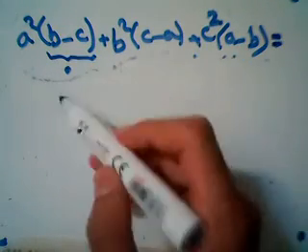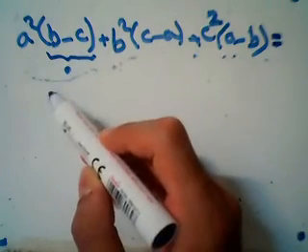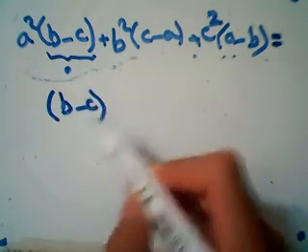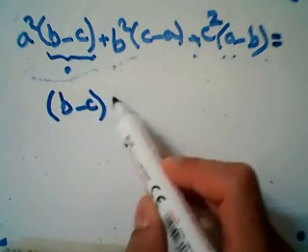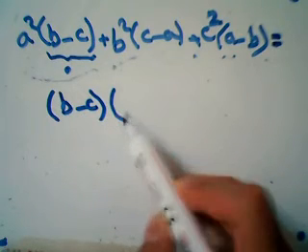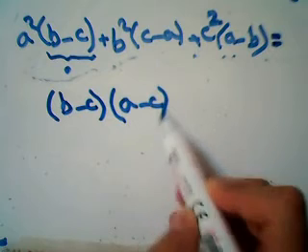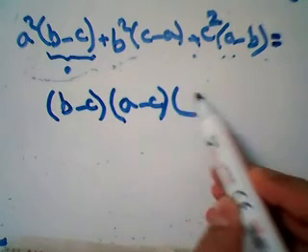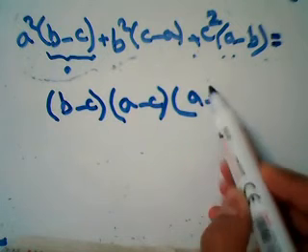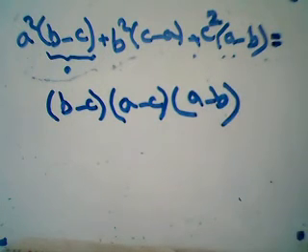Now, since it is symmetrical, b minus c is one factor as we derived. Then, since it is symmetrical, also a minus c, let's say a minus b should be factors of this.